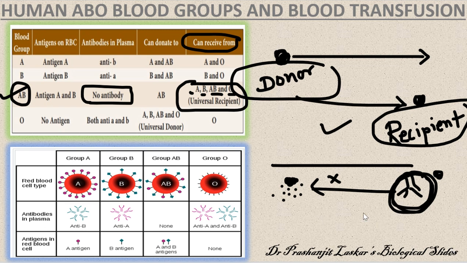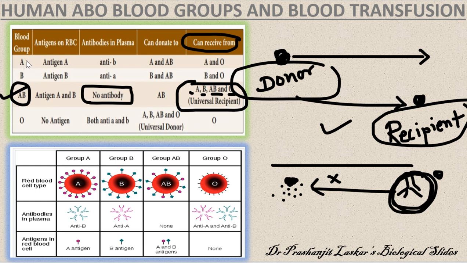The antibodies in the plasma of a person do not react with antigens on the RBCs of the same person. It means those blood transfusions are the most successful where the donor's and recipient's blood groups are the same.